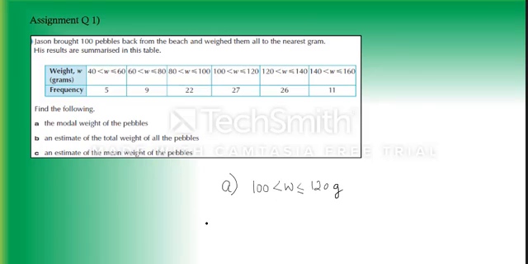The answer to part B is 10.86 grams. And the answer to the last part, part C, should come out to be equal to 108.6 grams. So if your answer tallies with these three parts of the answers, then you know that you've understood the concept well.